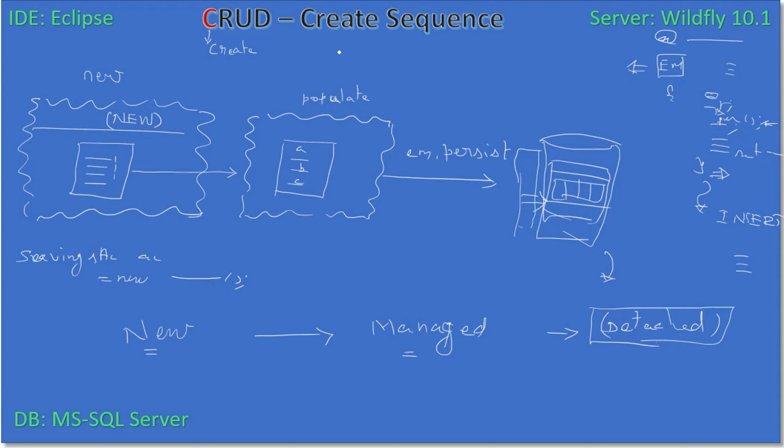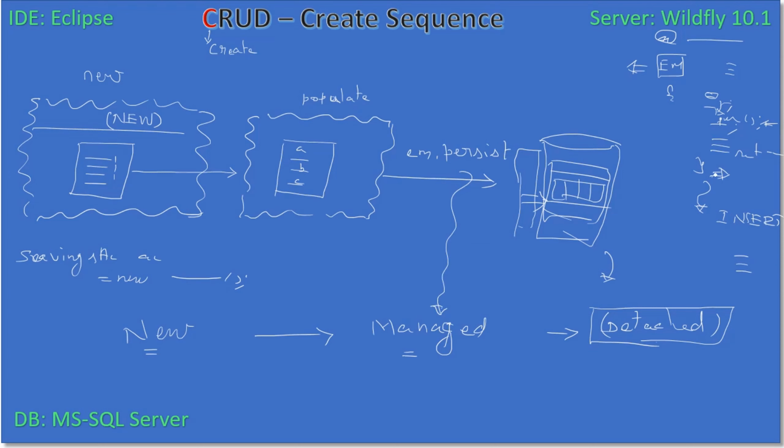So this is the sequence. Once again, we will create a new entity using the new keyword. The entity will be created in the heap. The state will be new. Then we will populate the fields, still in the new state. We will make a call to persist. During this persist, still in the new state, and once the persist completes, it will go into a managed state.